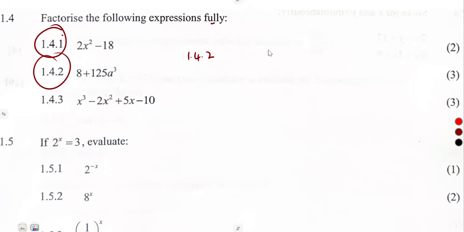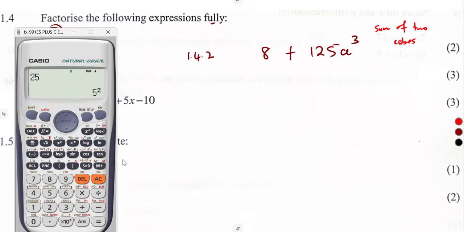1.42 again, factorize 8 plus 125a cubed. Are we seeing that this is a sum of two cubes? Sum of two cubes. 8 is a perfect cube. The cube root of 8 is 2.